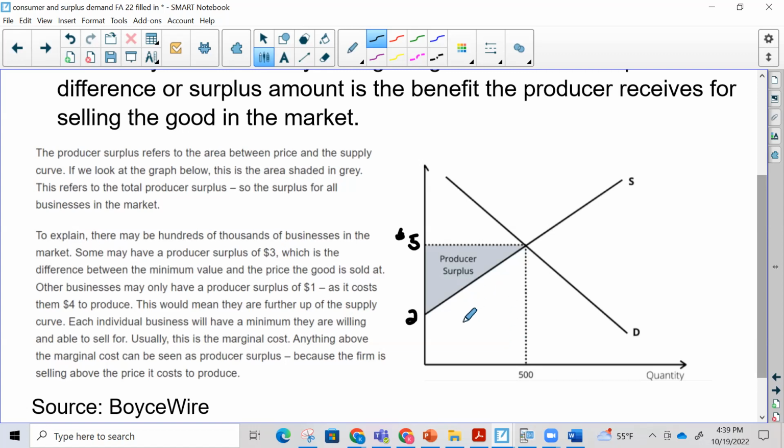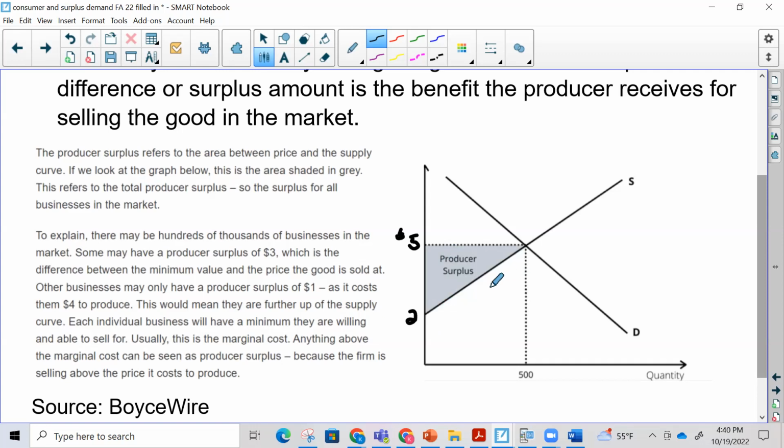Let's say Royal Farms is willing to sell their fried chicken for $2, because generally that's what it costs to make it, but they actually sell it for $5 because that's the market price, the going rate generally for fried chicken. Then they're making a profit of $3.